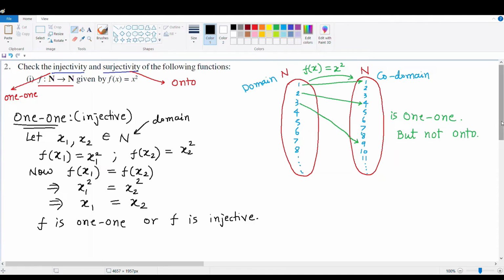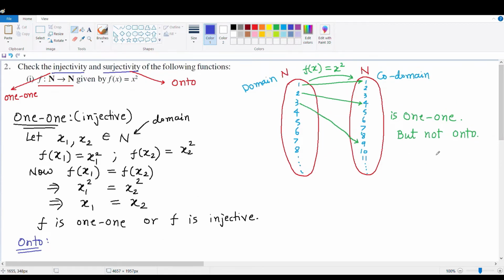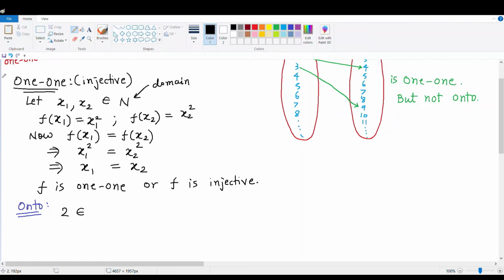Now we are going to show onto. Is this function onto? We have discussed it a little bit in this diagram, and we clearly saw that this function is not onto. And when the function is not onto, then we just need to show a counterexample. So here we can take this 2, because 2 does not have any pre-image. We are just going to say that 2 belongs to N, in this case the codomain.